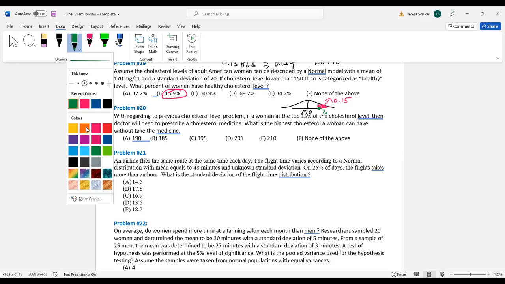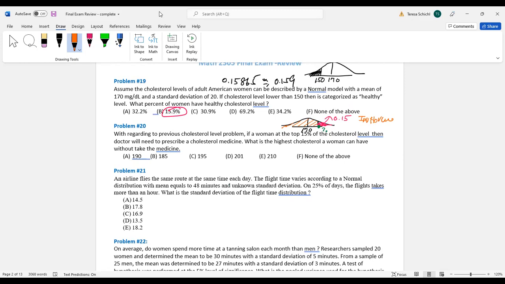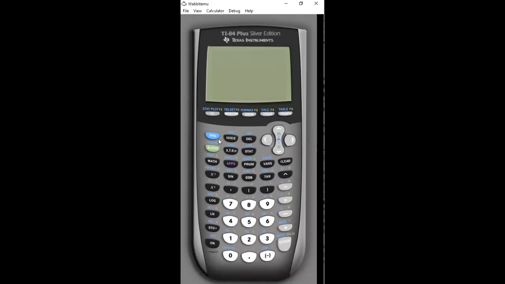Now when we use our TI-84 calculator, it always goes to the left, right? So we're going to use the inverse norm. Let's go to our calculator one more time. Here we go. Clear this out. You do second VARS, and the inverse norm is here.